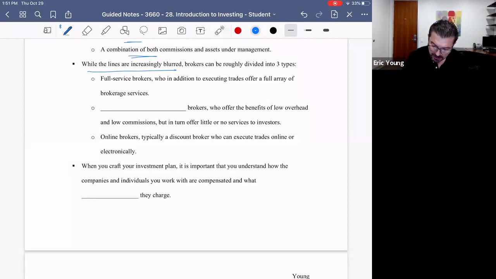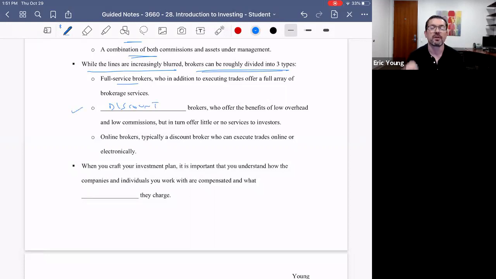However, traditionally, we can break brokers up into roughly three types. We have, number one, full service brokers. Those are the types of brokerages or individual brokers who, in addition to executing trades, offer a whole array of services and advice.